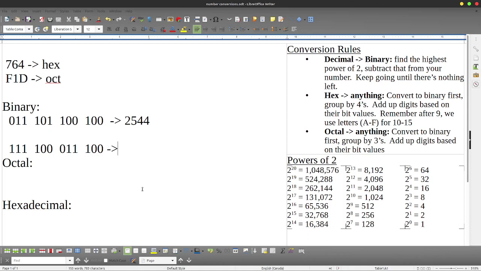I think I made a mistake on the previous one. Bear with me a second. So that's going to become 7, 5, 1 plus 2 is 3, and that's 4. This one should have become a hexadecimal number.